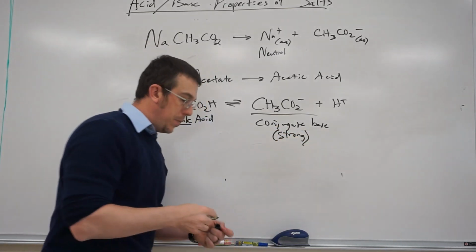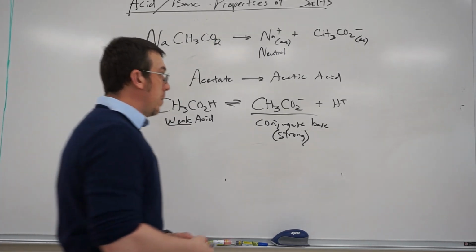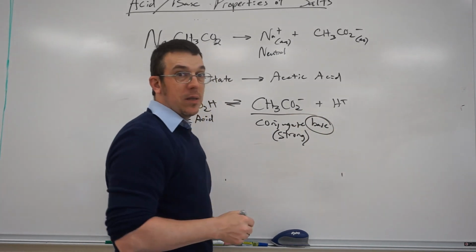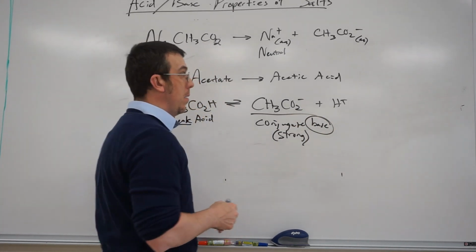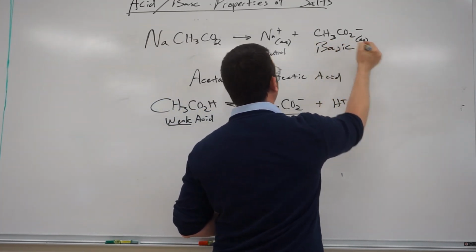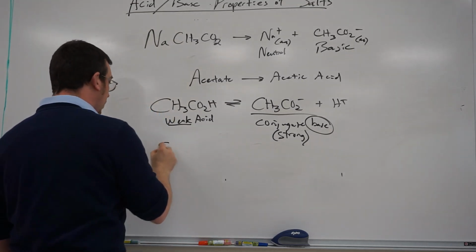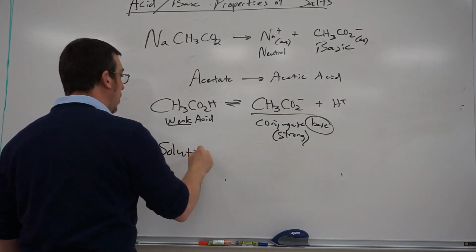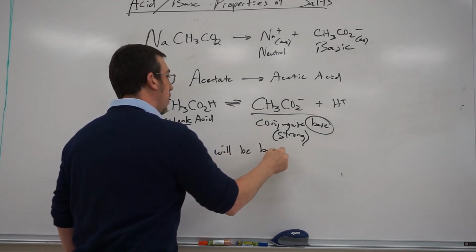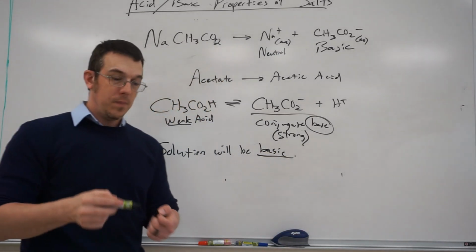How does that affect the pH? It's going to make a difference. It's actually going to make the solution basic because acetate is the conjugate base. And so this ion is going to be basic. So as a whole, the solution that you dissolve the salt into will be basic because of the acetate ion.